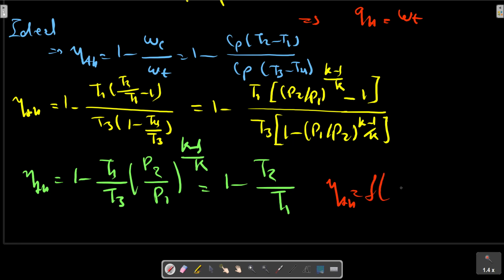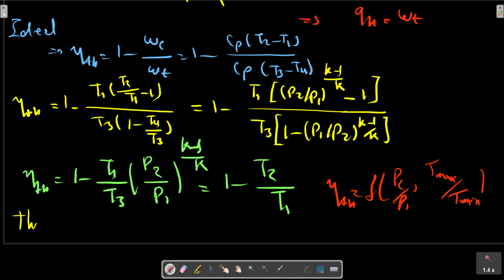Efficiency is a function of, for example, pressure ratio. We note that in contrast to the Brayton cycle, the efficiency decreases with increase in pressure ratio.